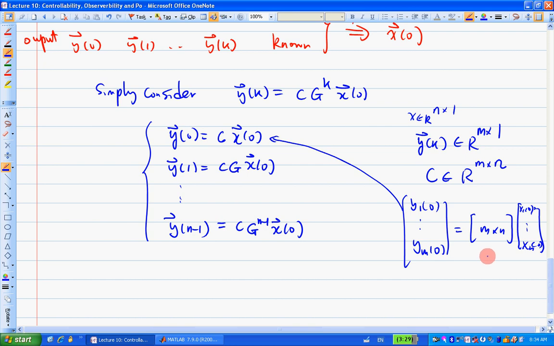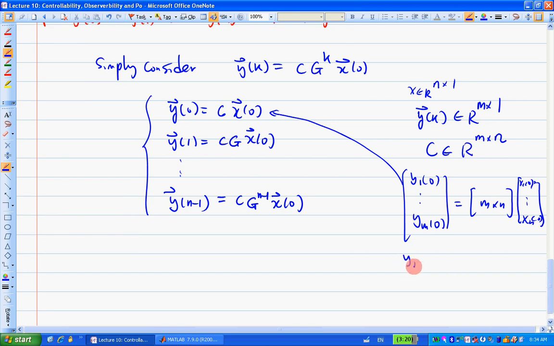Let me use a number here. Let's say m is 2, so this is a 2 by 3 matrix: 1 2 3, 3 1 4, multiplied by x1 x2 x3. How many equations do we have?